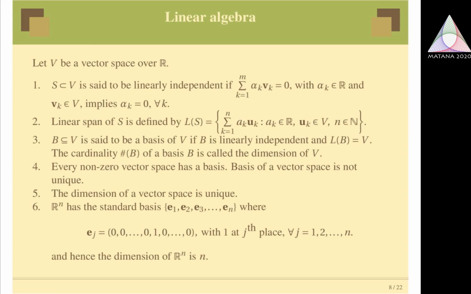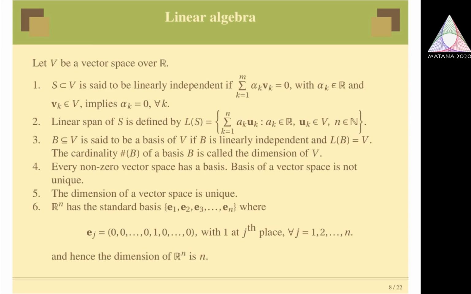The linear span of S is defined as all finite linear combinations of members from S. A subset B of V is said to be a basis of V if B is linearly independent and the linear span of B is equal to V. The cardinality of a basis is called the dimension of V.